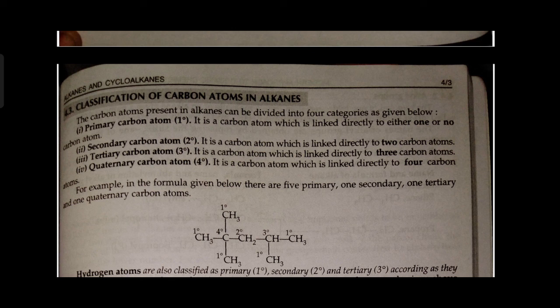It is a carbon atom which is linked directly to two carbon atoms. Third is the tertiary carbon atom, 3 degree. It is a carbon atom which is linked directly to three carbon atoms. Fourth is the quaternary carbon atom, that is 4 degree. It is a carbon atom which is linked directly to four carbon atoms.